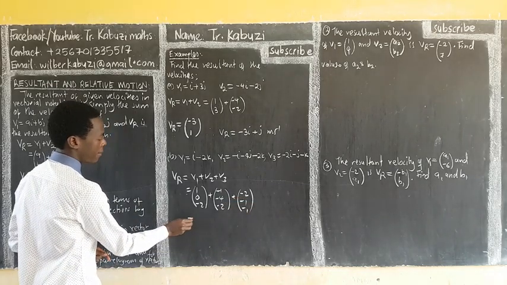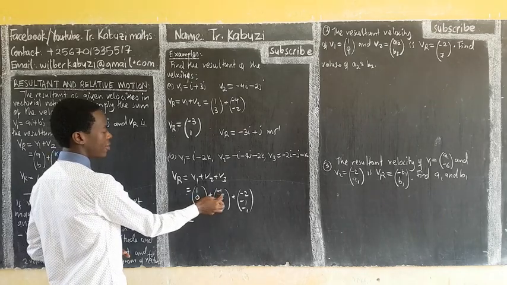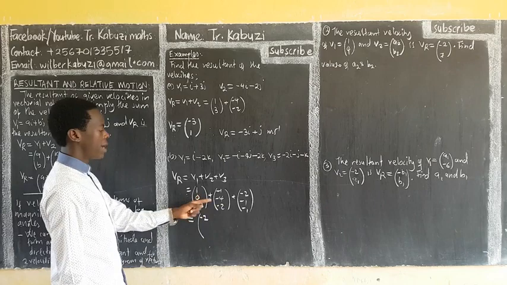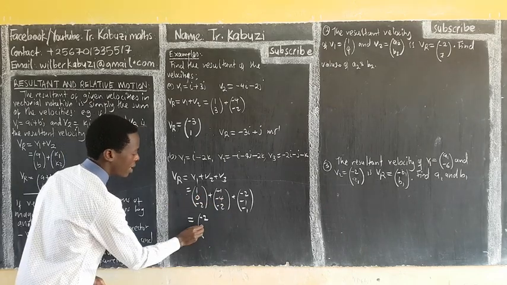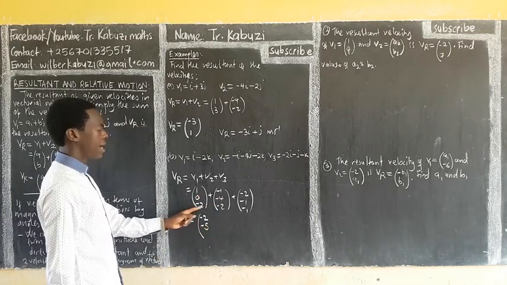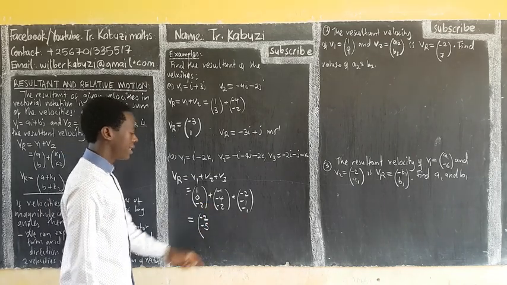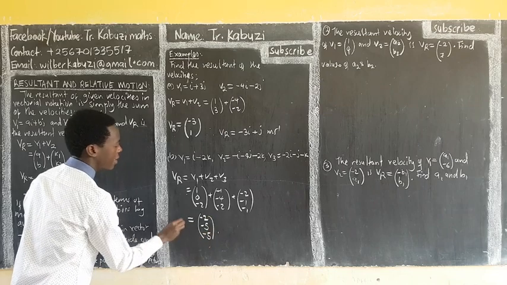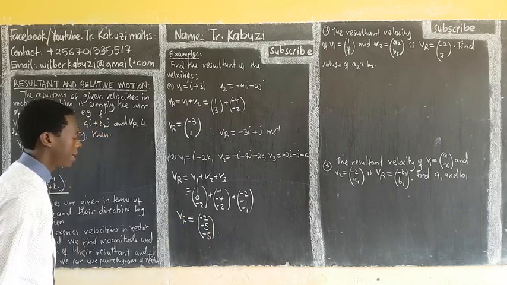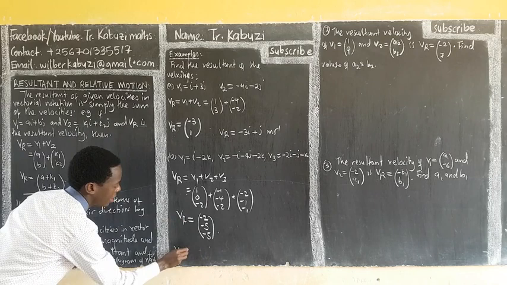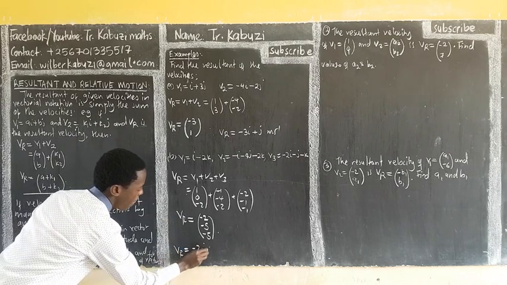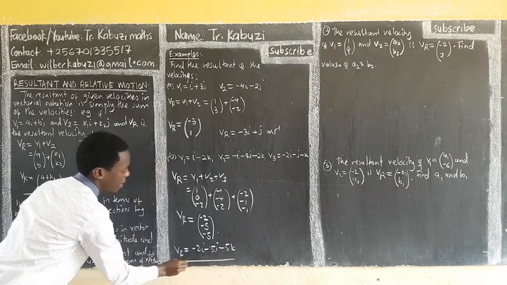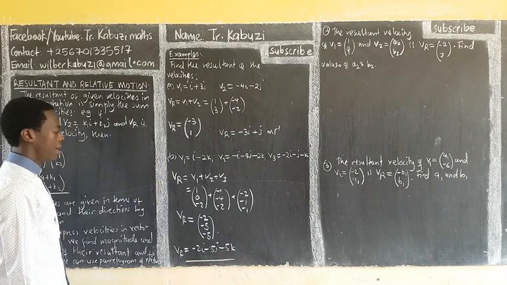And so to sum, we get 1 plus negative 1 plus negative 2, that is negative 2. 0 plus negative 4 plus negative 1 will give us negative 5. Negative 2 plus negative 2 plus negative 1 will give us negative 5. And so that will be our resultant velocity, which you can give as negative 2i minus 5j minus 5k. As simple as that. Really easy.